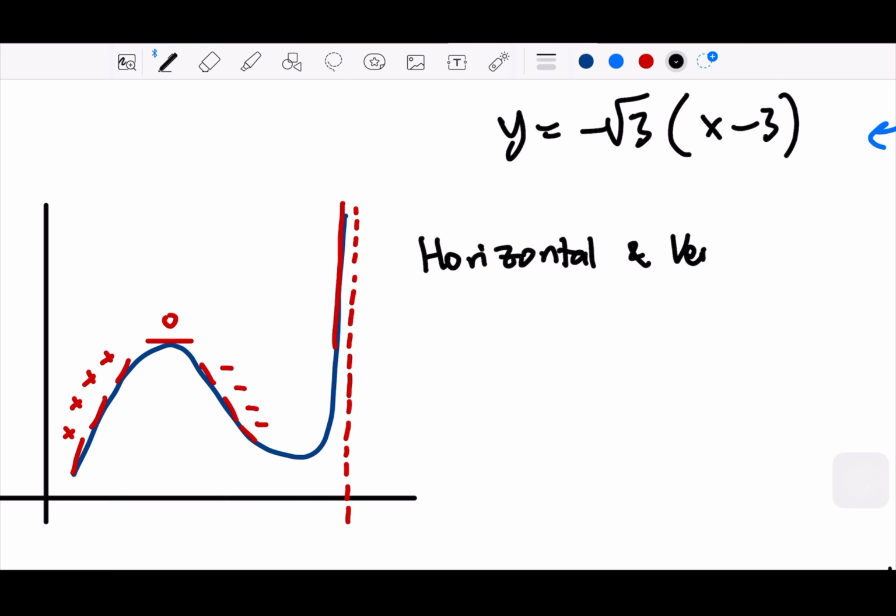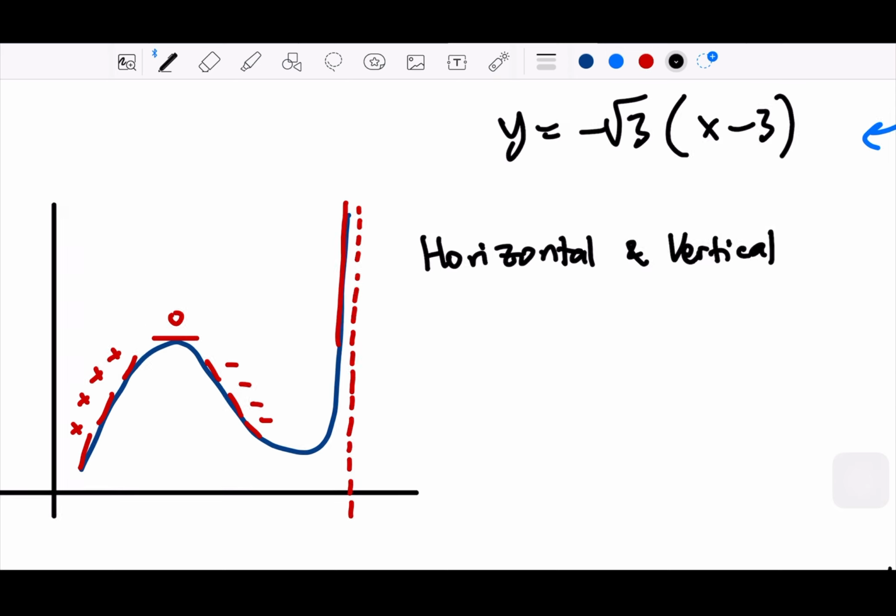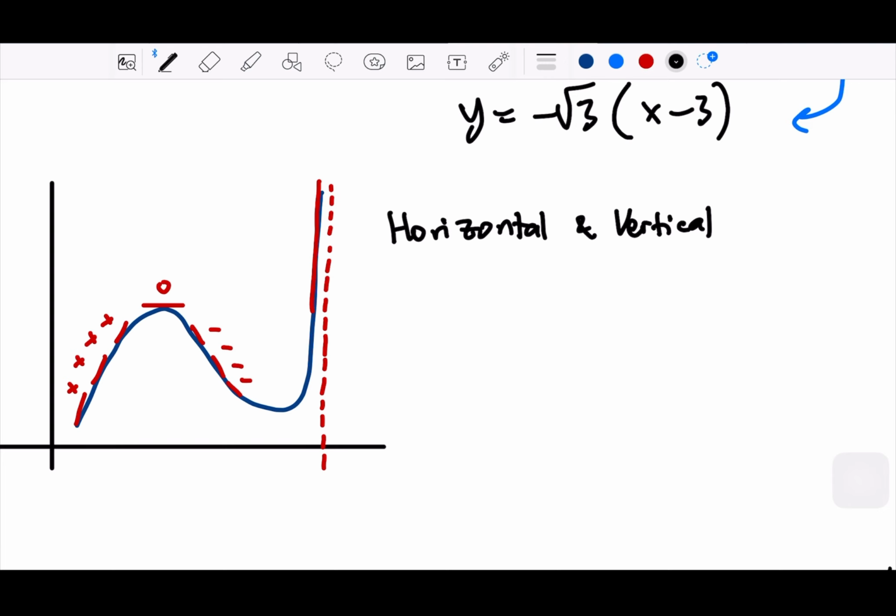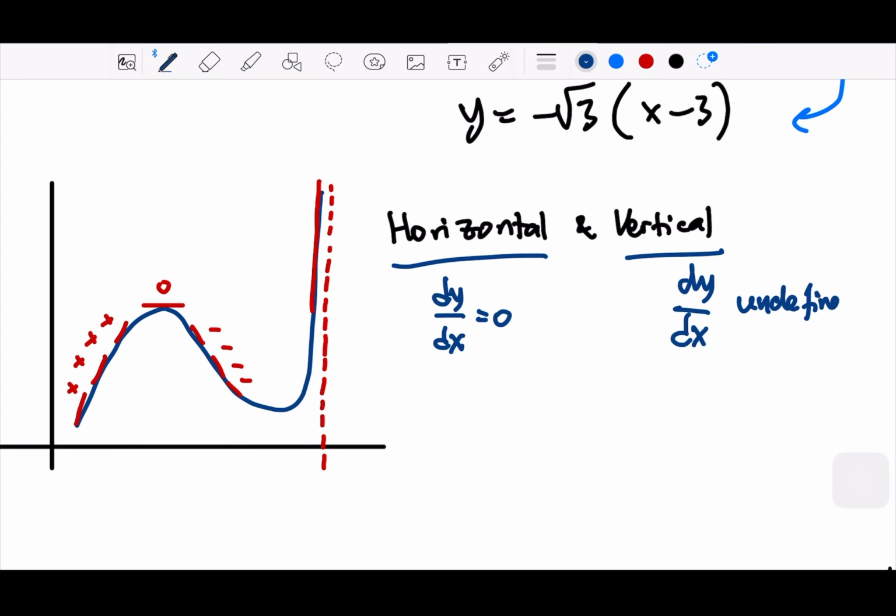So horizontal is when dy over dx is 0, which I think is easy to calculate, and vertical is when dy over dx is undefined.